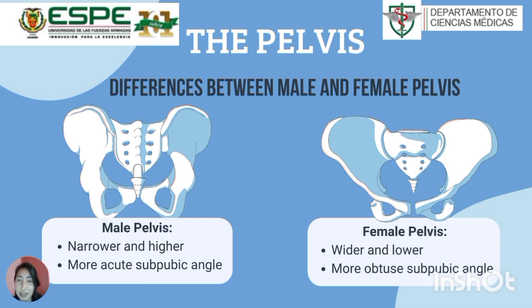This difference is crucial for accommodating childbirth, as the wider and lower female pelvis facilitates the passage of the baby during delivery.